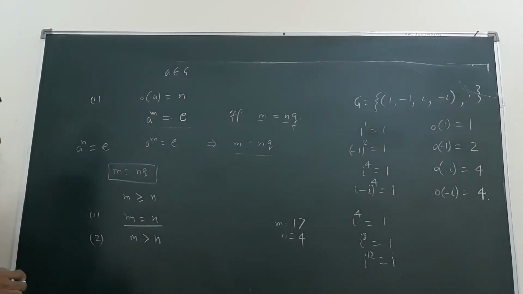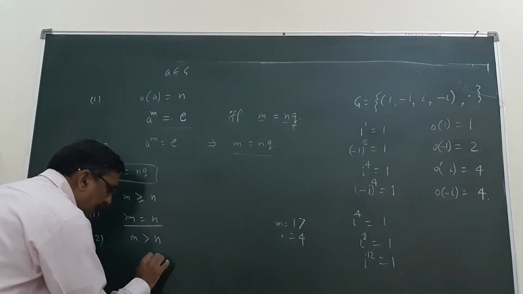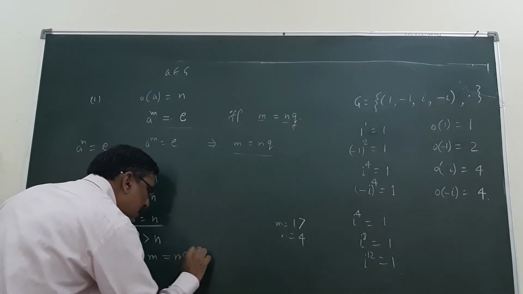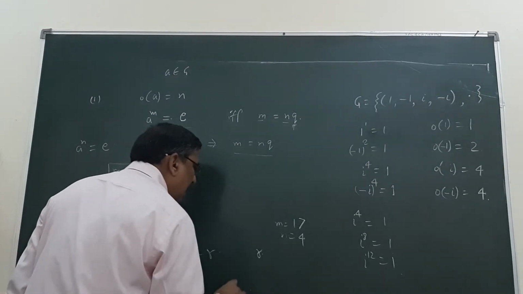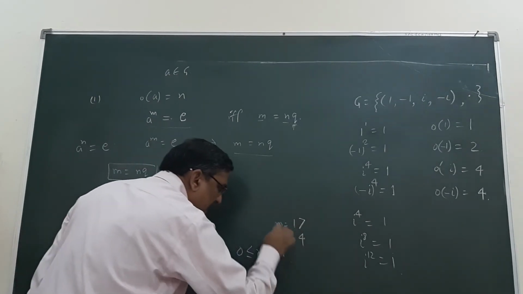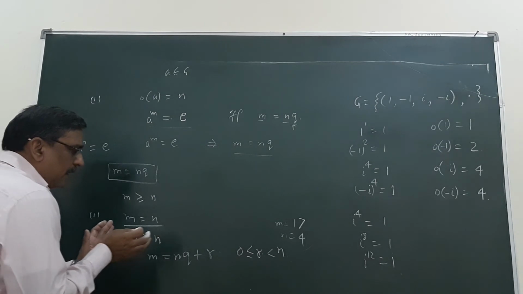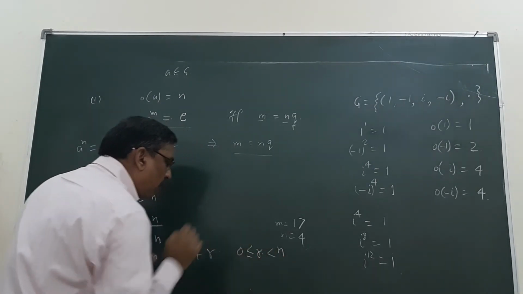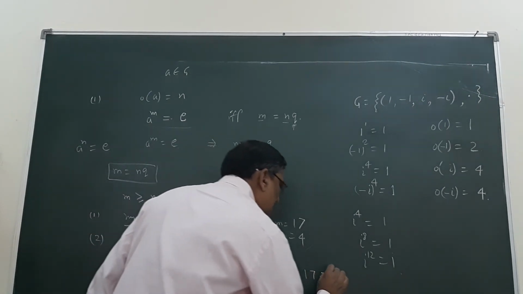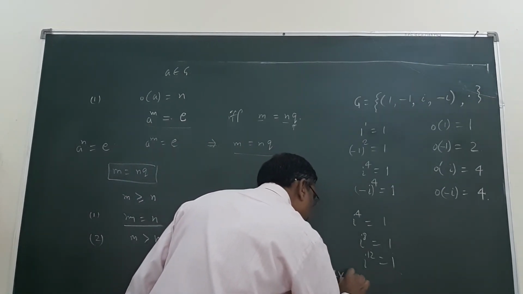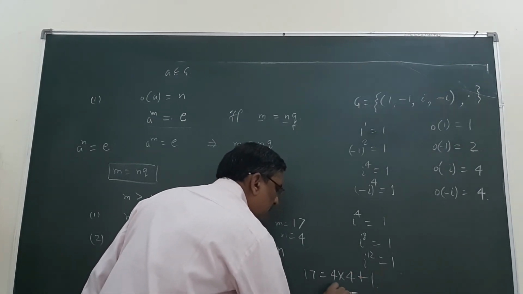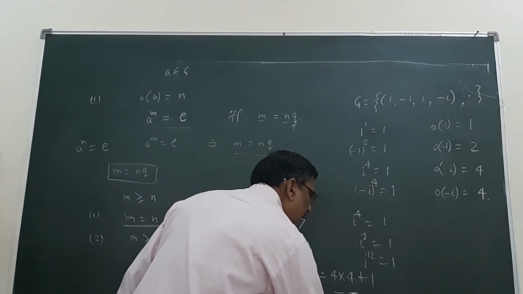So m is equal to 17, then by the division algorithm I can write m is equal to nq plus r, where r lies between 0 and n. In this case r will be equal to 1, since 17 can be written as 4 into 4 plus 1. So this is your n, this is your q, and this is your r.